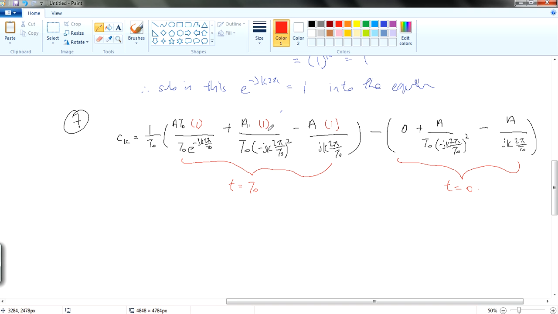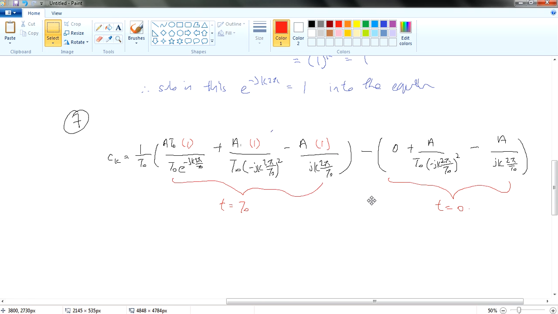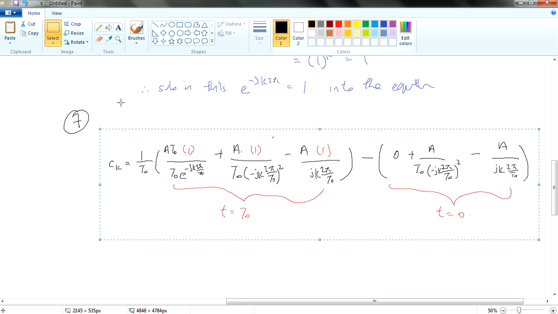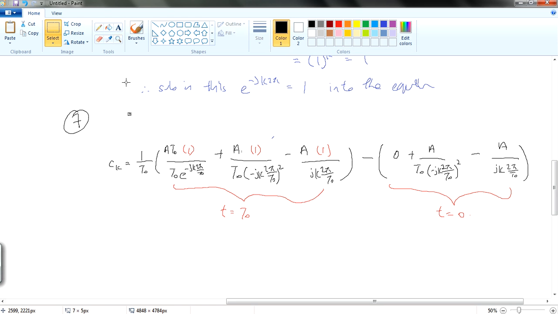So as you can see, maybe I should write down this step. How do I write? Reorganize the formula after substituting e minus jk 2 pi equals to 1.